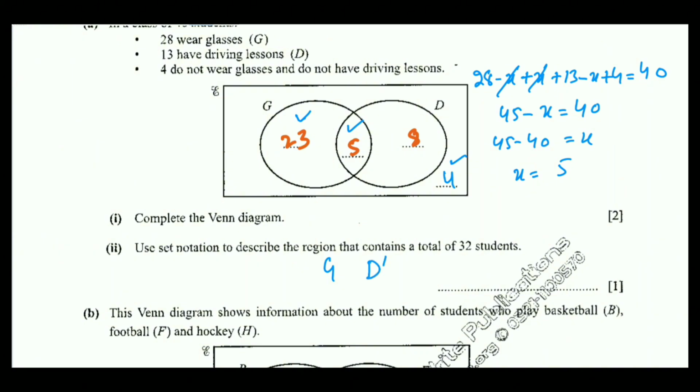The main thing is which symbol you have to put in between, union or intersection. As I told you, if it is a union, then the outside of the circles part will also be included. As in this question, this is included. You will write here union. If you write intersection, G intersection D complement, then the outside part will not be included.